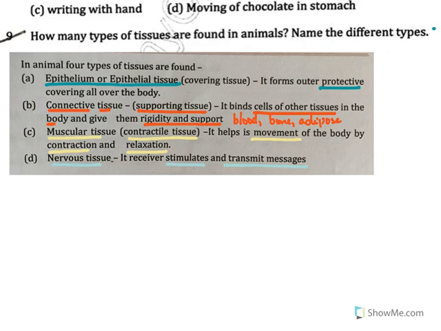Now remember, the nervous tissue is present in the brain, in the spinal cord and in the nerves. The nerves connect the different parts of our body to the brain and the spinal cord, and they carry messages to and fro.